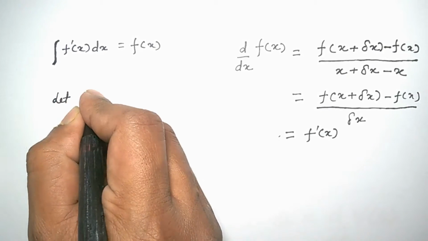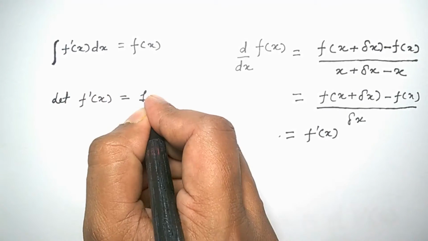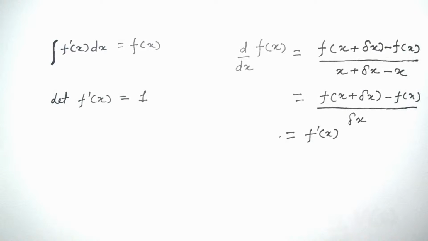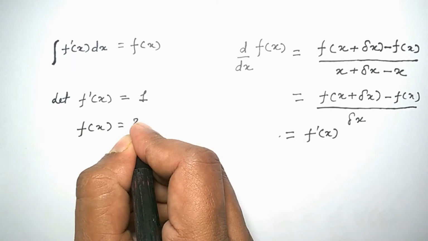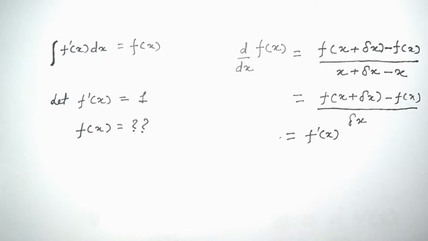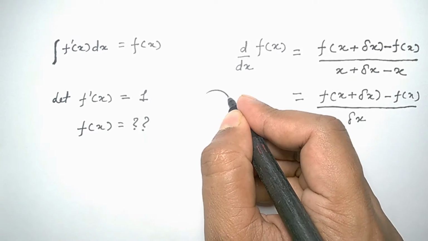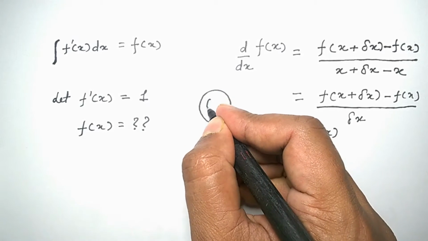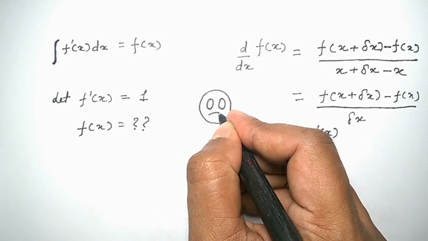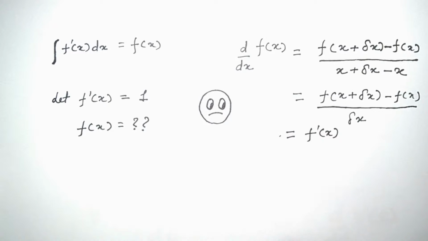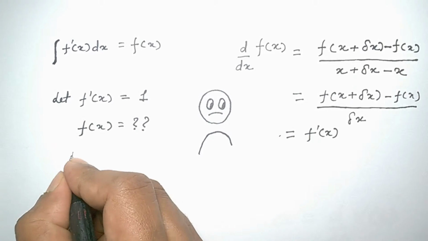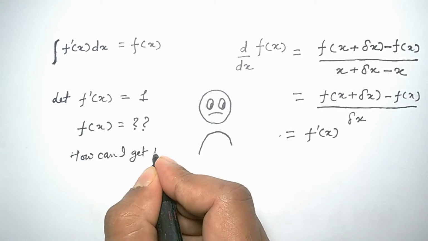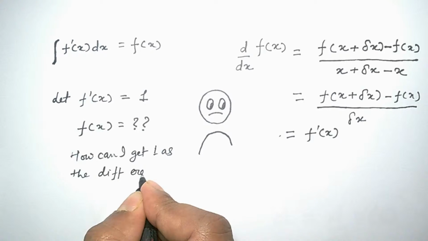Let us say that the differentiation of a function is 1. Now our job is to find what the function is. The simplest thing we can do is go back to the basics of differentiation and do a little hit and try to get a function whose differentiation is equal to 1.